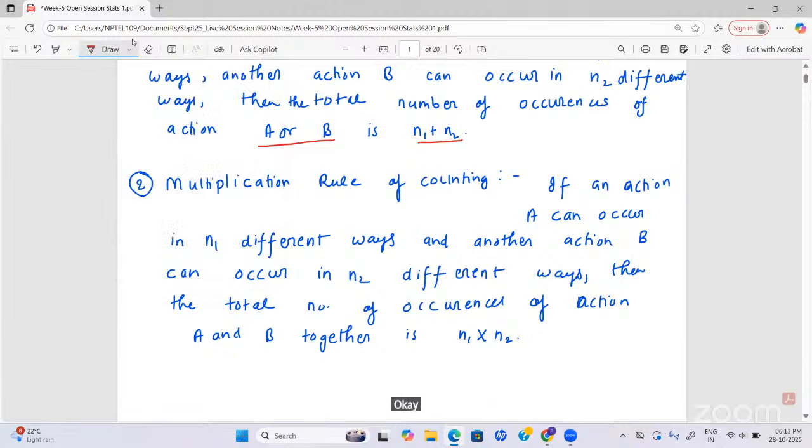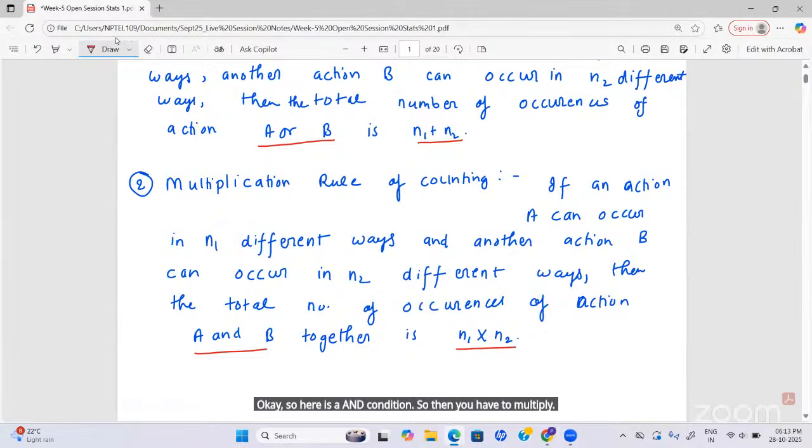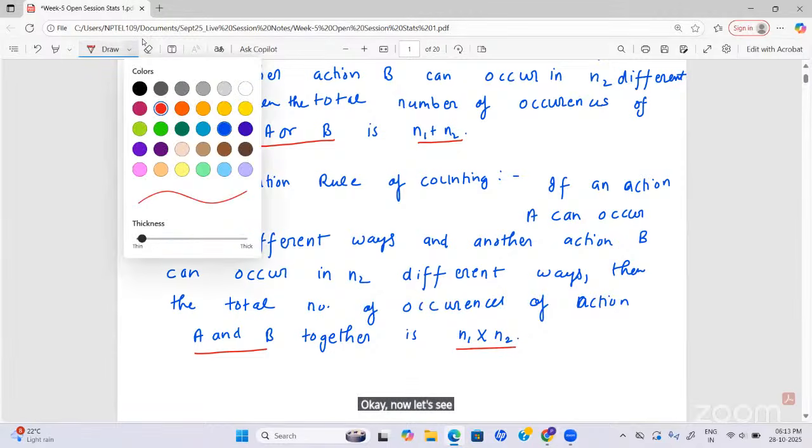So here is an AND condition, so then you have to multiply. Now let's see an example on this.